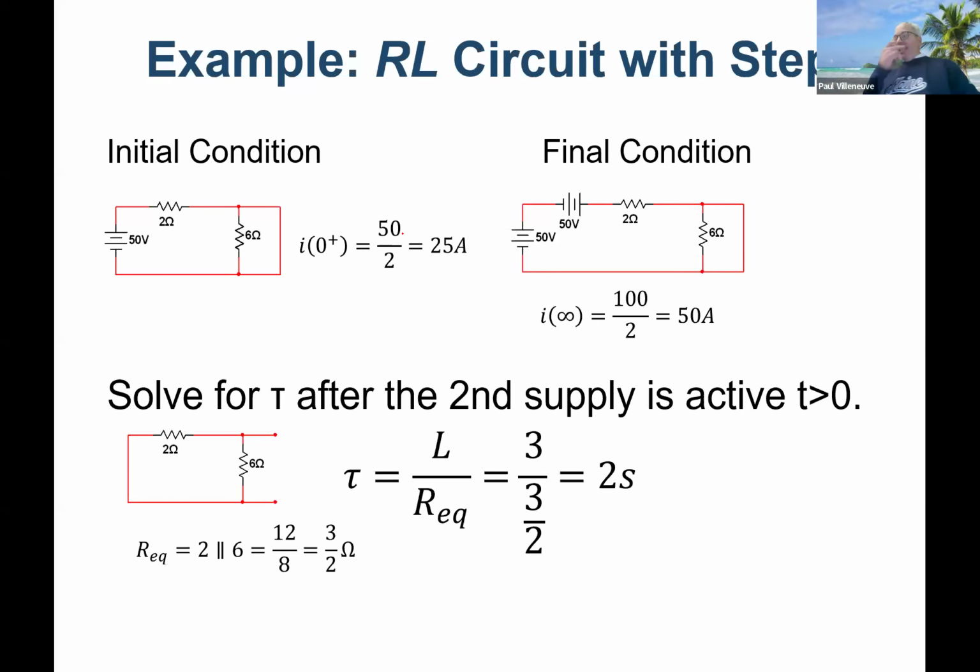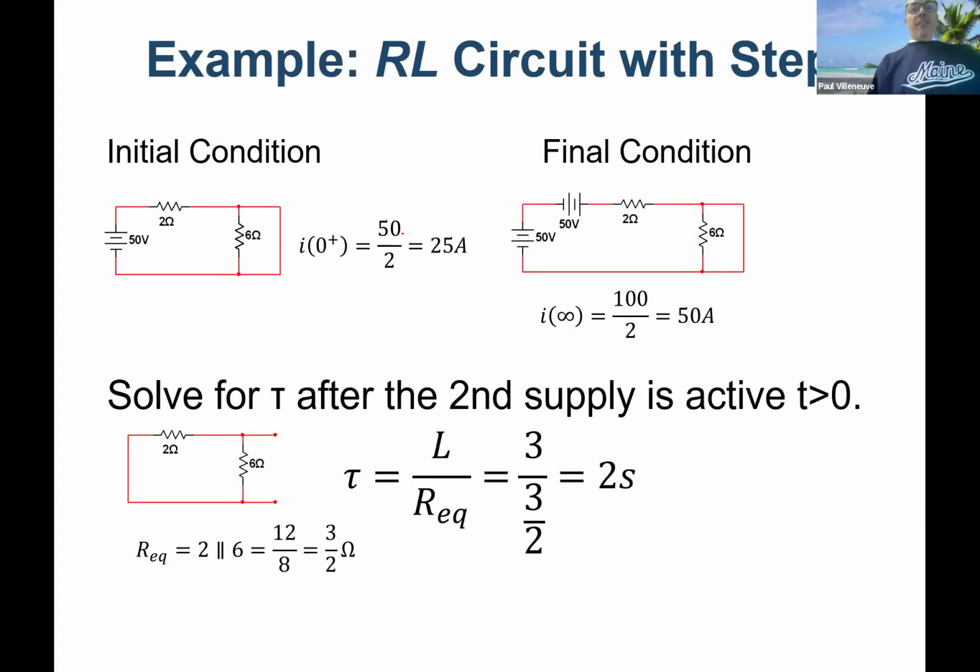Then in steady state, now I add in that second 50 volt source because time is greater than 0. So it's the same exact circuit as before, but now I have 100 volts across it as opposed to 50 volts. So now the current becomes 50 amps in steady state. The only thing I need to do is solve for the time constant.